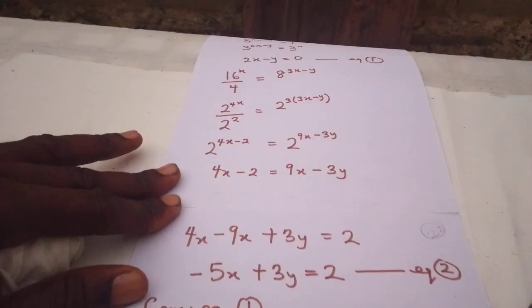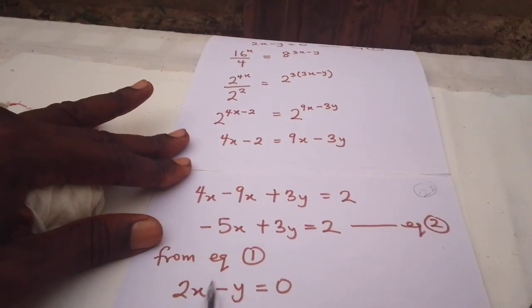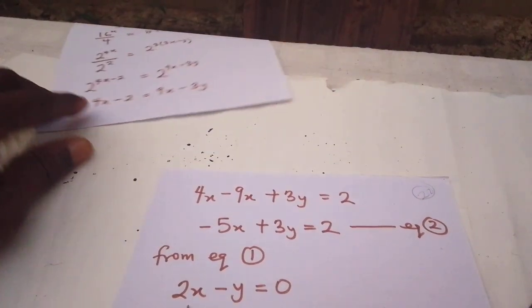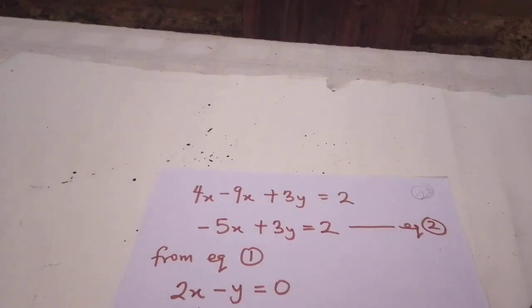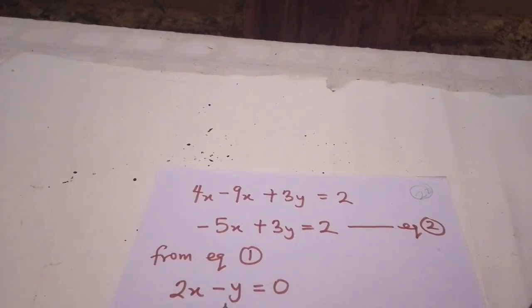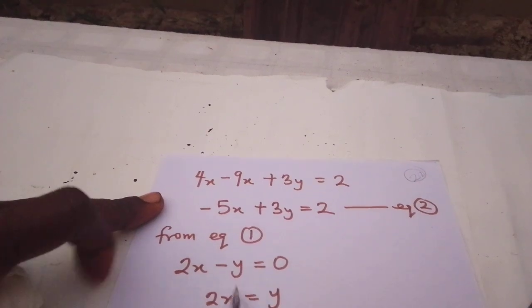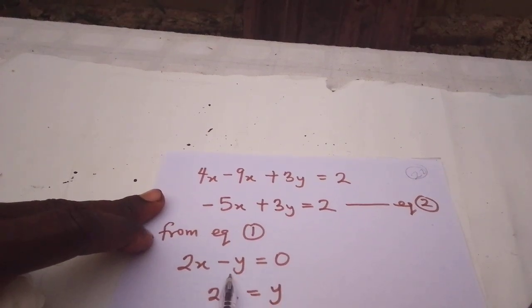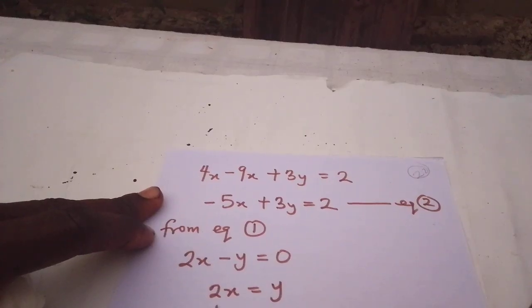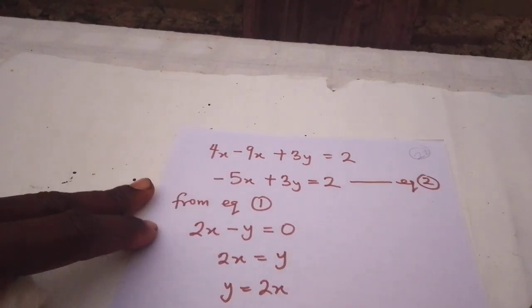So from our equation 1, which is 2x minus y is equal to 0, let's make y the subject of the formula. If I bring this minus y across the equality sign, it turns to plus y. So 2x is equal to y. So y is equal to 2x.